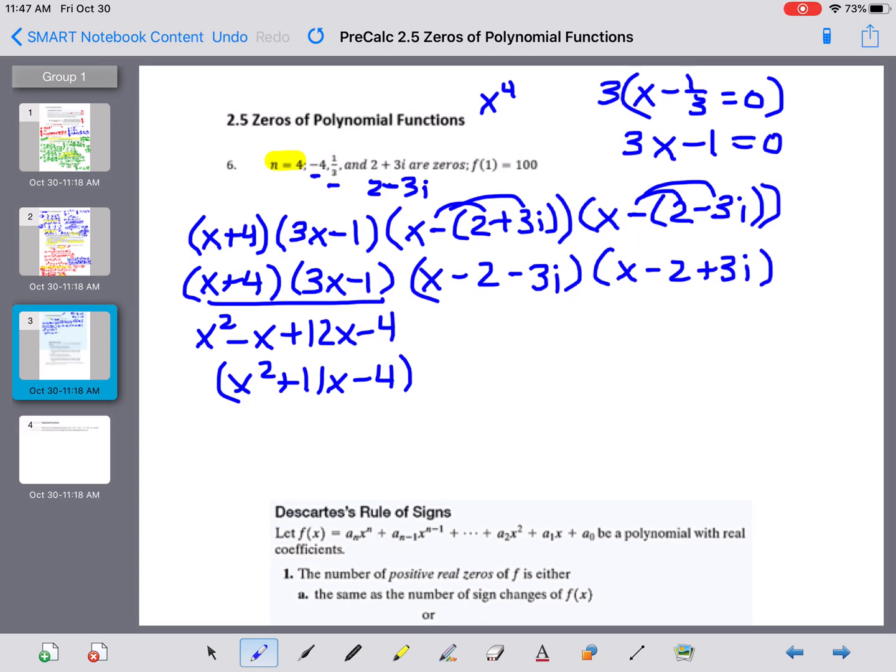I'm going to FOIL the last two. You always want to combine your complex ones together, because it usually should take out those i's and they'll disappear. Okay, so I can't really FOIL this. I'm going to take x times everything over here. So I get x squared minus 2x plus 3xi.